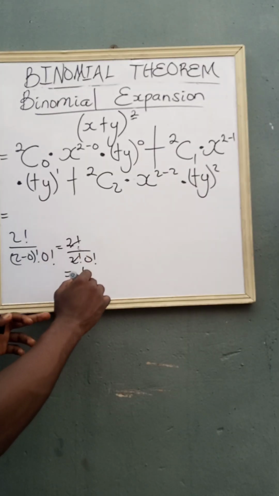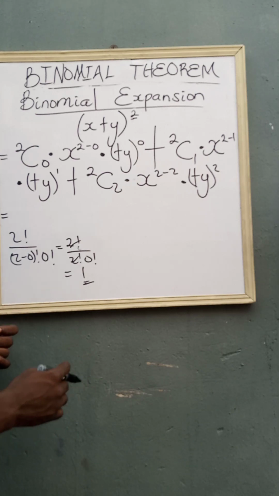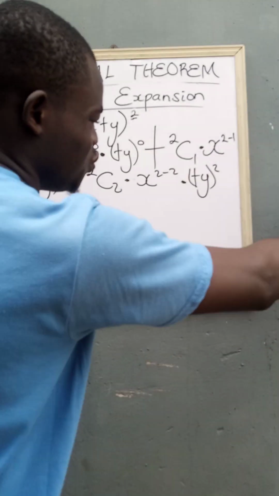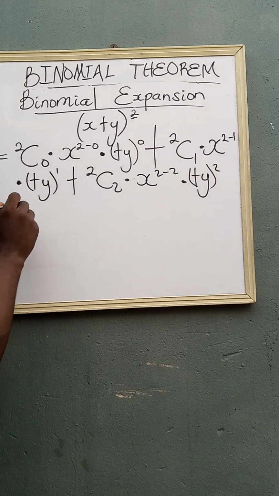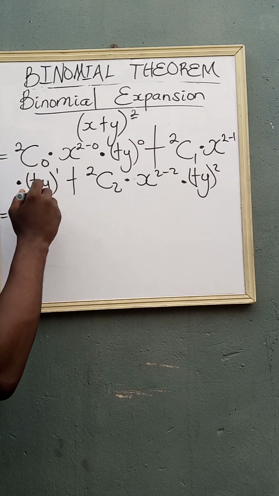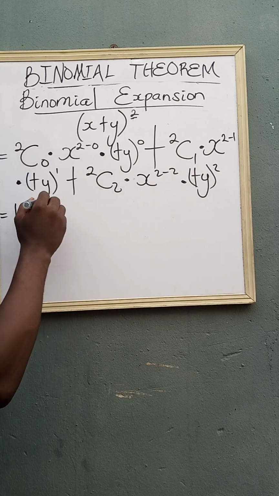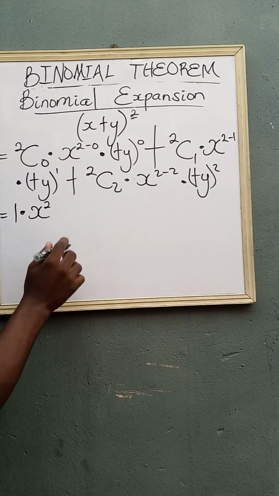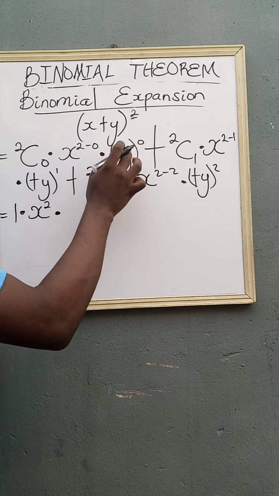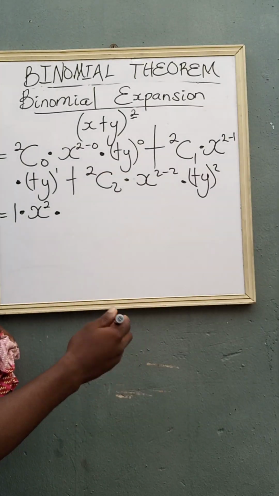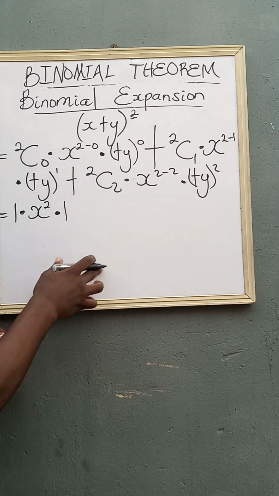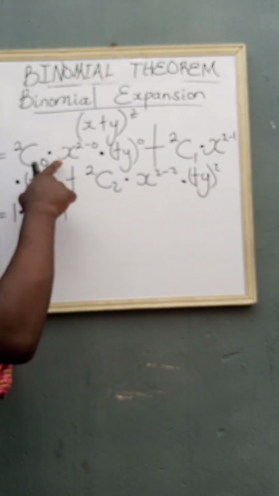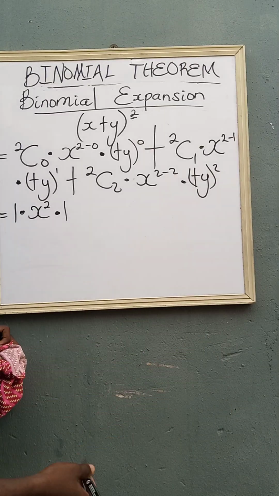Here you have 1 as your result. Take note of that. Anything combination 0 gives 1. It's a known thing. So this gives 1 multiplied by x to the power of 2 minus 0, which gives 2, multiplied by plus y raised to the power of 0. Anything raised to the power of 0 gives 1. I'm using these dots to represent multiplication so you don't get confused with your x and multiplication sign.